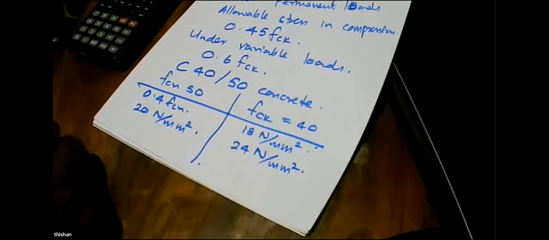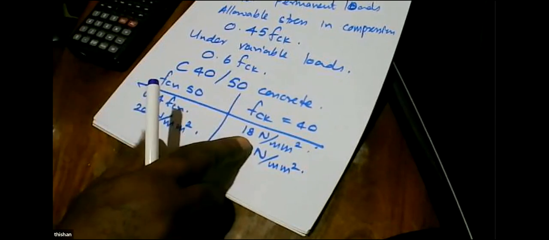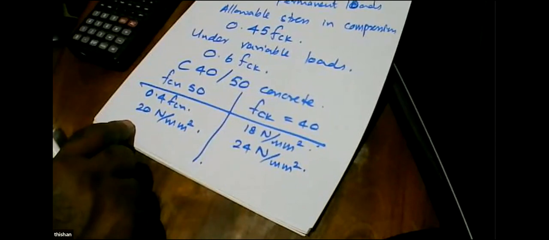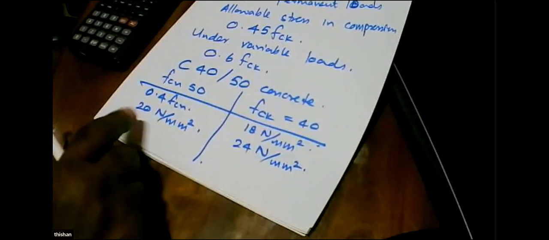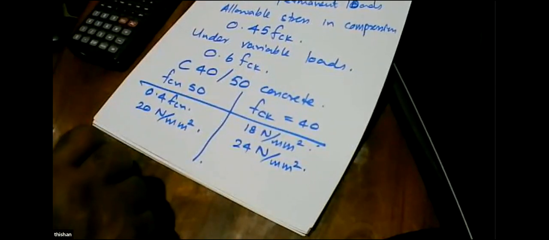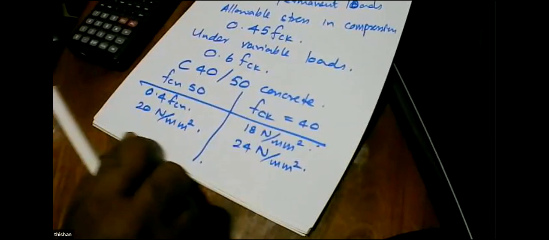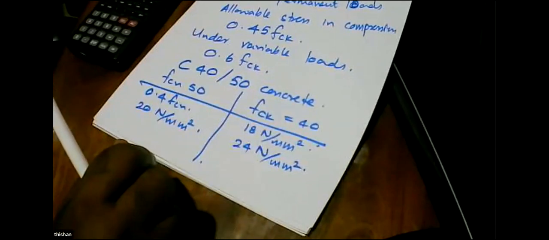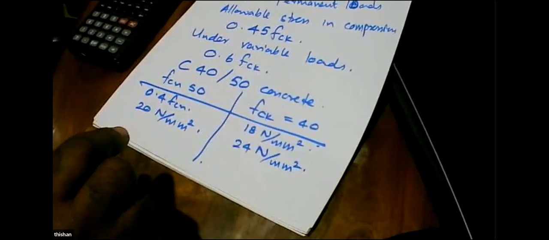But under the permanent loads, it's less than what is allowed in the British code. But when we are looking at the overall situation where you have permanent loads plus variable loads, under the variable loads you can go for 24 megapascal.